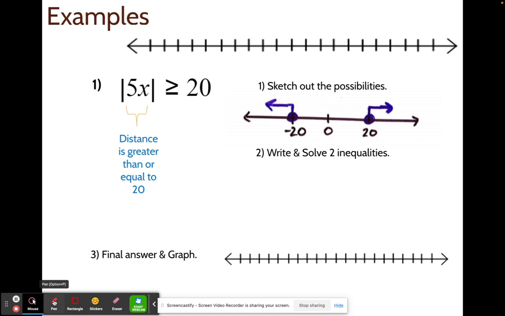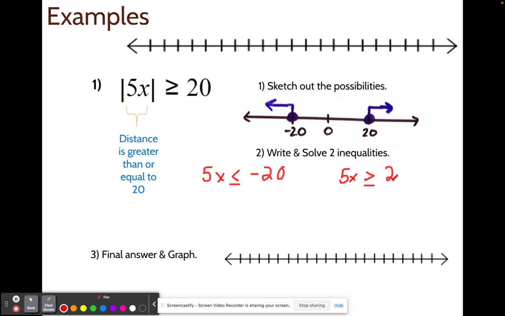Now we're going to set up our inequalities and solve it. We know that our 5x, therefore, can be less than or equal to negative 20, or our 5x can be greater than or equal to positive 20.